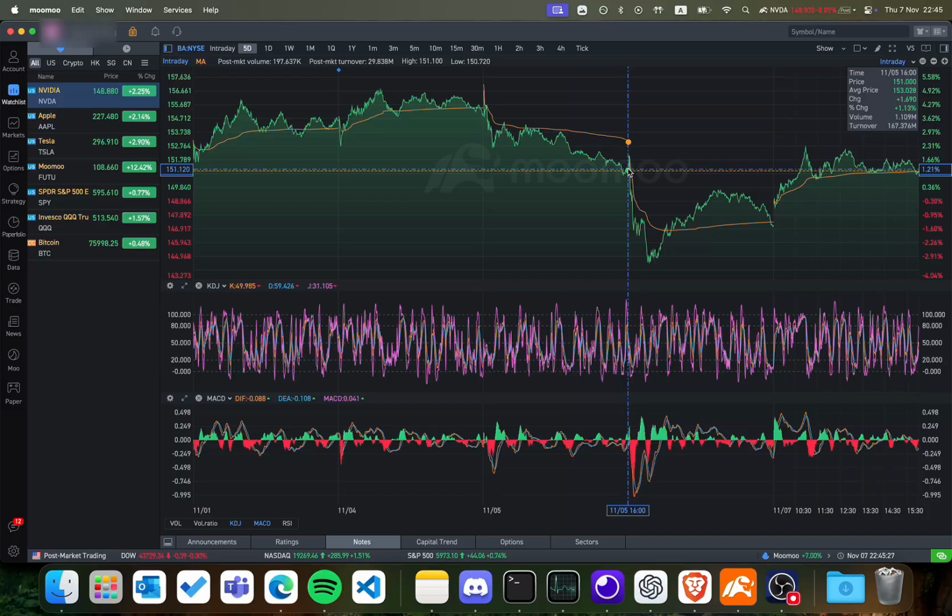KDJ was negative as hell. Negative as hell. You see that? Of course, in between there are slight rebounds, also negative, and then a little rebound, and negative again. And here there's a sharp positive MACD.